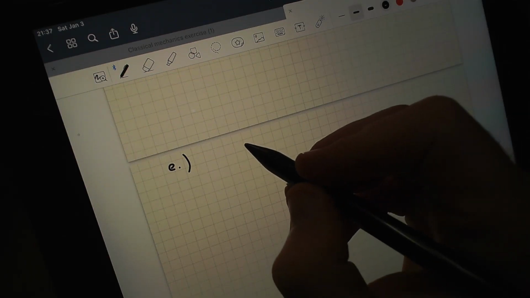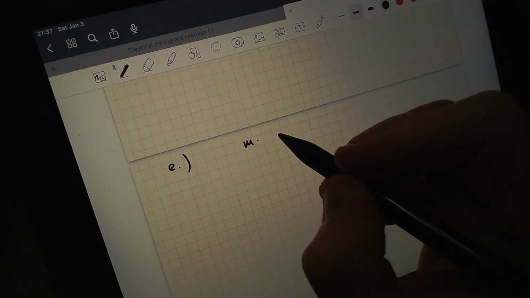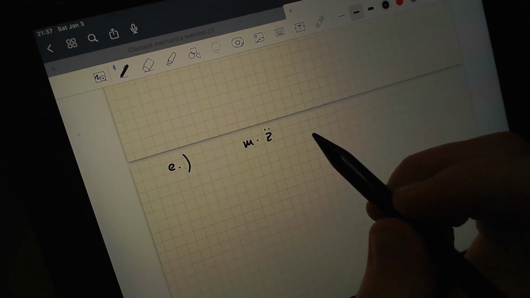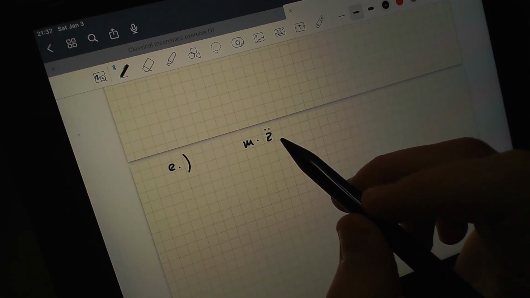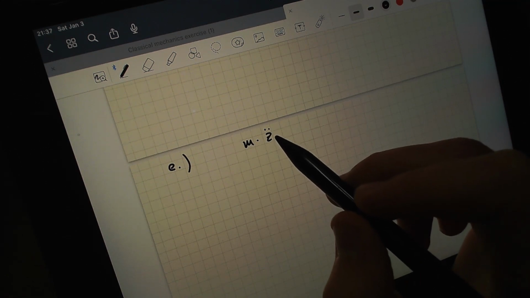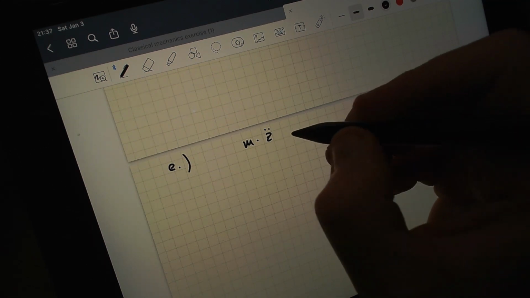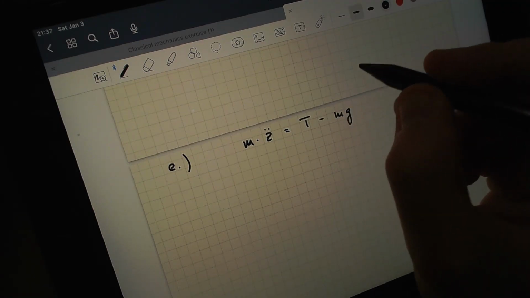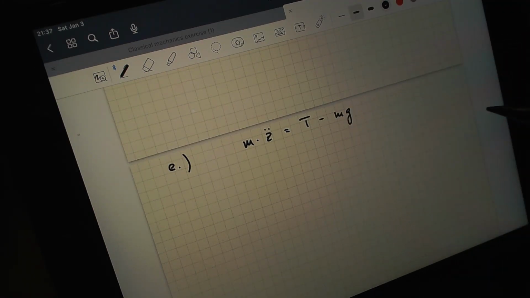So we can write that m times the acceleration, which is the second order derivative of z with respect to time, equals T minus mg, so tension minus weight.